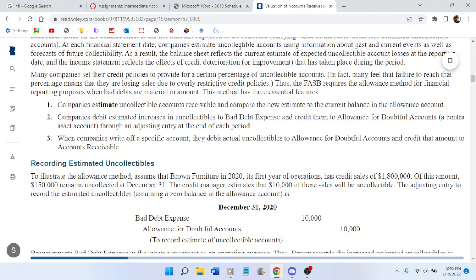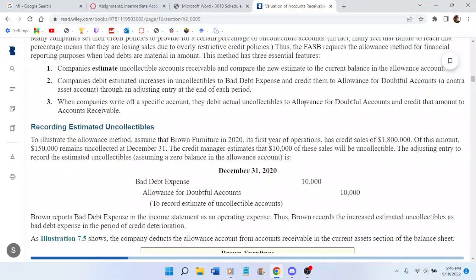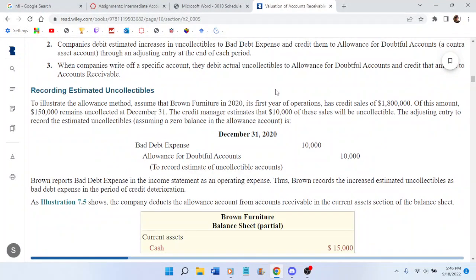Companies debit estimated increases in uncollectibles. Debit. Okay, just show an example. It's much easier to understand this one. Illustrate this by using an example.